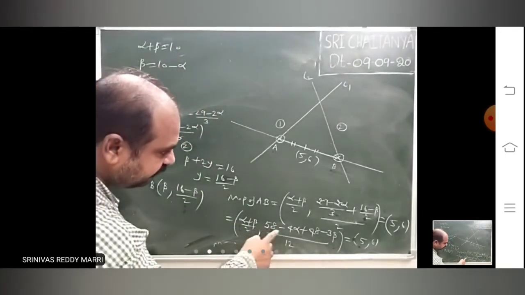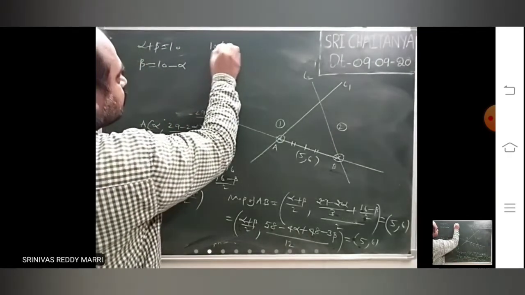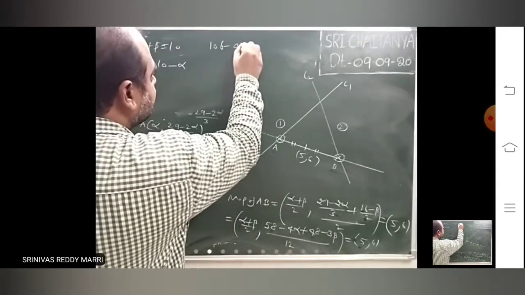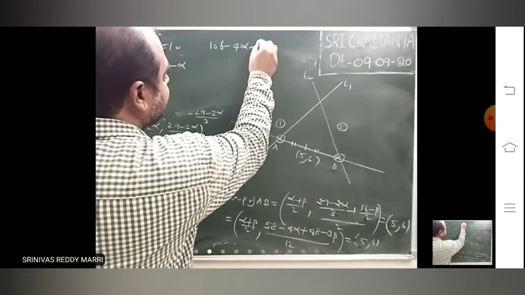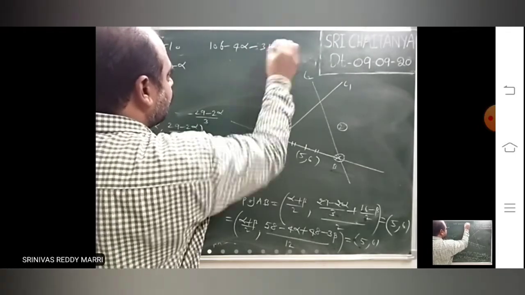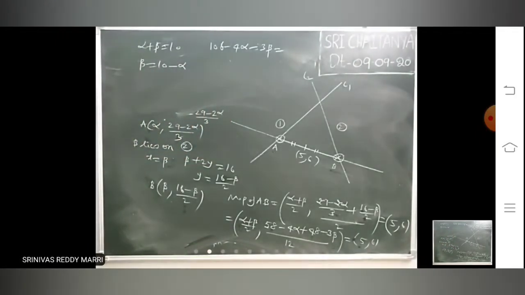Now look at this one. 58 plus 48, 106. 106 minus 4 alpha minus 3 beta equals to, so 12, bring that side.